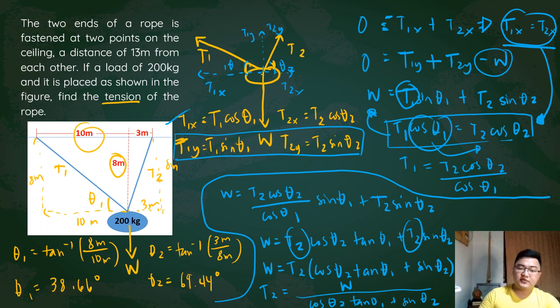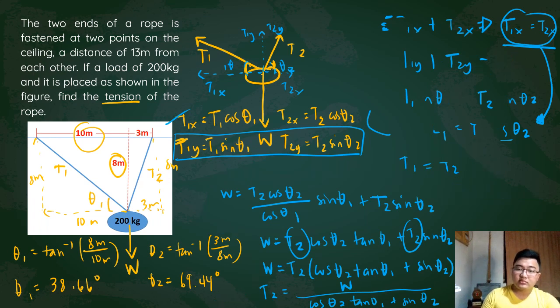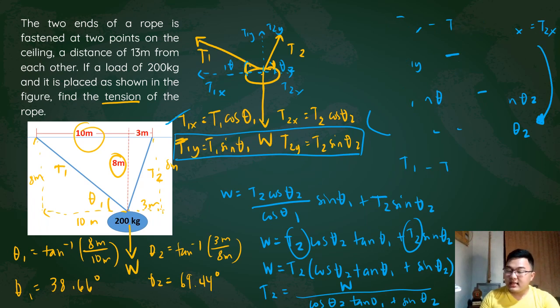So let's just free some space here. Our derived equation is tension 2 is equal to the weight divided by the cosine of angle 2 multiplied by the tangent of angle 1 plus sine of angle 2.